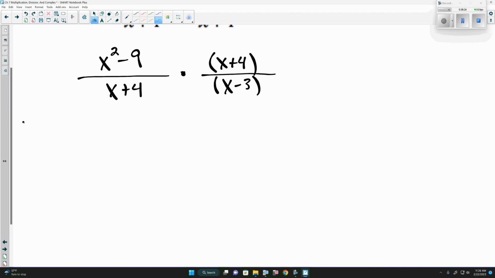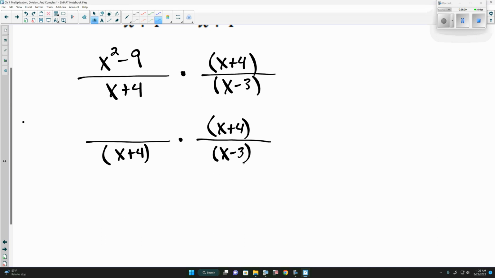And once we finish doing that, then we can factor. Now the denominator is going to stay x plus 4. Our second fraction is going to stay x plus 4 over x minus 3. Those are as simplified as they get. We can't factor. But x squared minus 9 will factor.